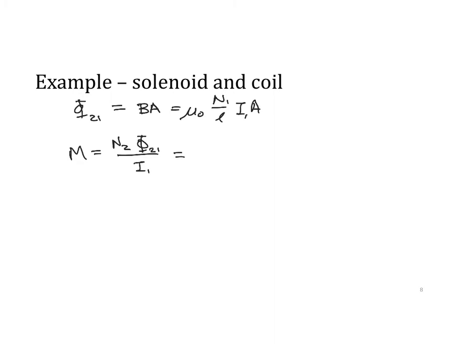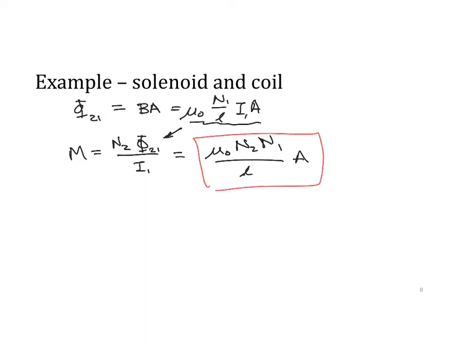So if we take this and put it in for our flux, our mutual inductance is going to give us the equation mu 0 N2 N1, divided by an L and multiplied by an A. So what's interesting about this is that it does not depend on I. Here's our answer.